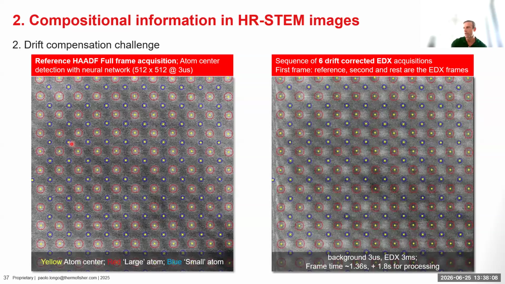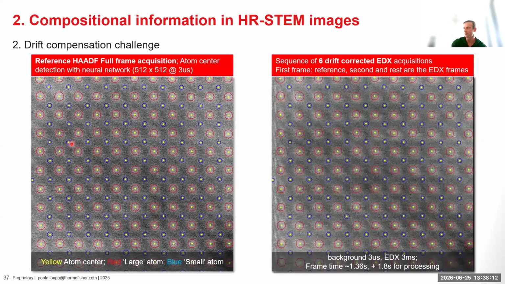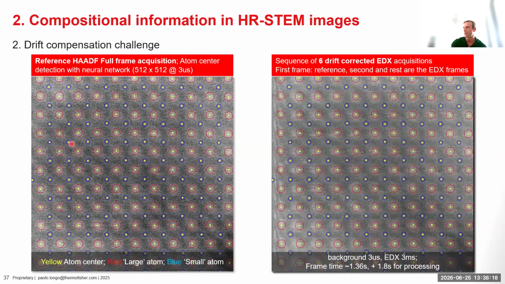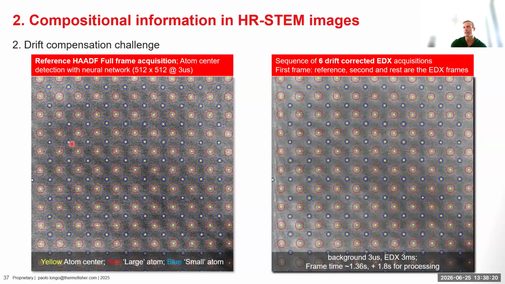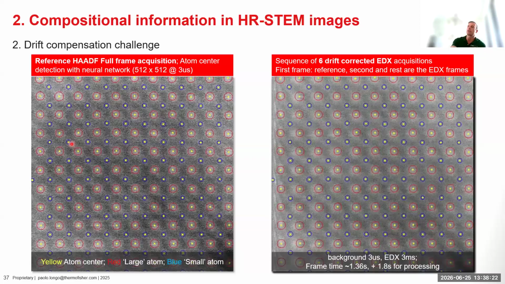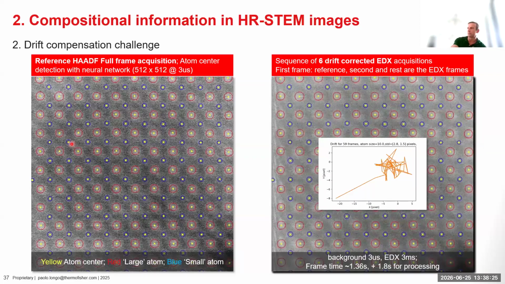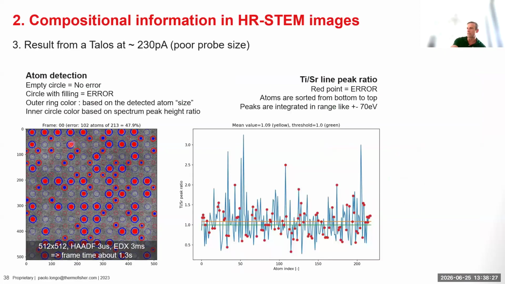And at this point, you can do one acquisition with a dual speed. Each acquisition takes about 1.36 seconds and 1.8 seconds for processing. And you can go back over and over the same area until you build some statistics. So there's also a drift that can be corrected.